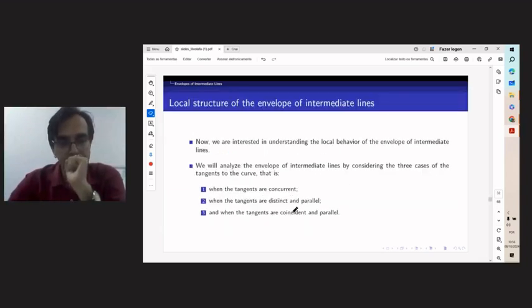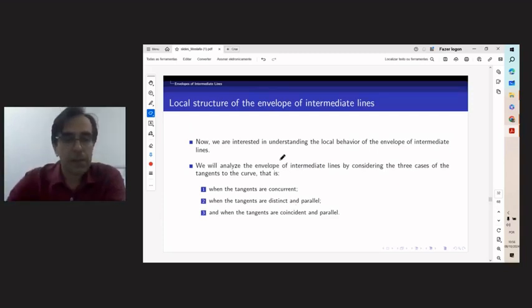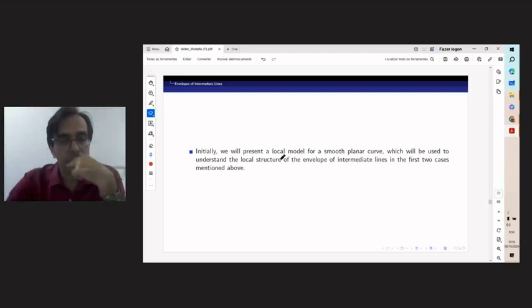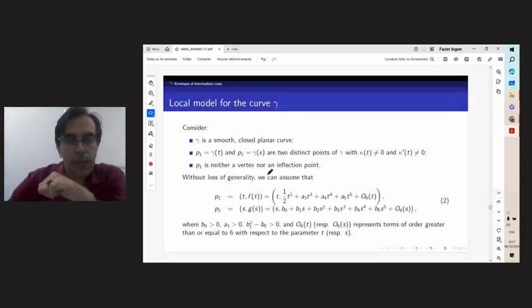Now we are going to have fun. We are going to study the local structure of the envelope. This is really not difficult. Initially, we will present a local model for a smooth plane curve, which will be used to understand the local structure of the envelope of intermediate lines.